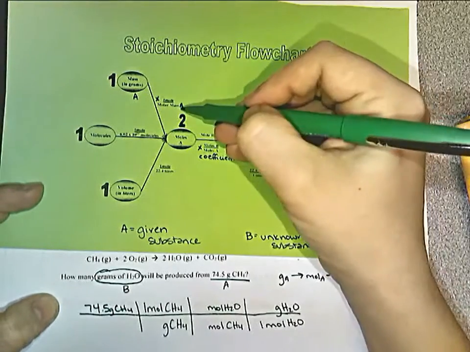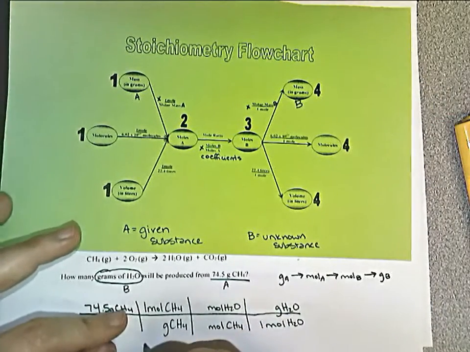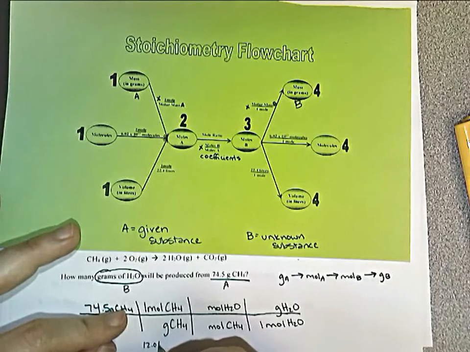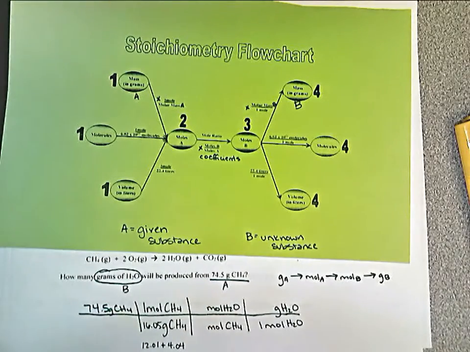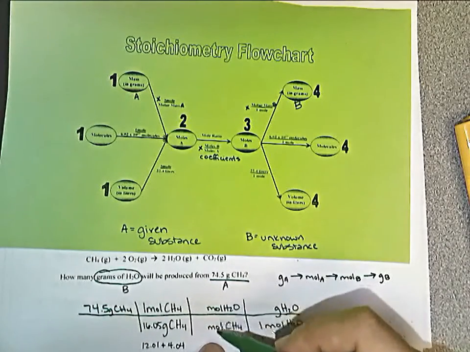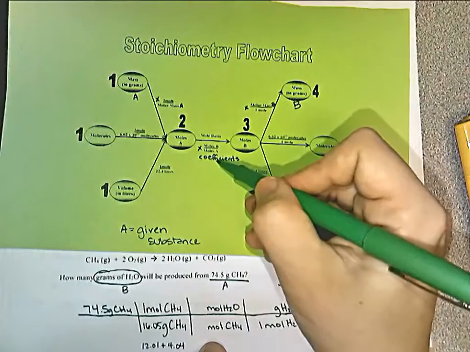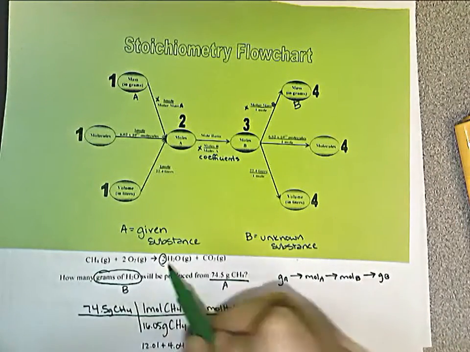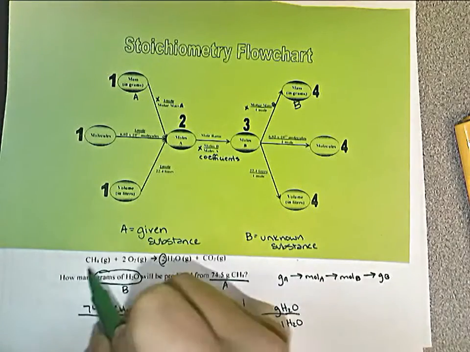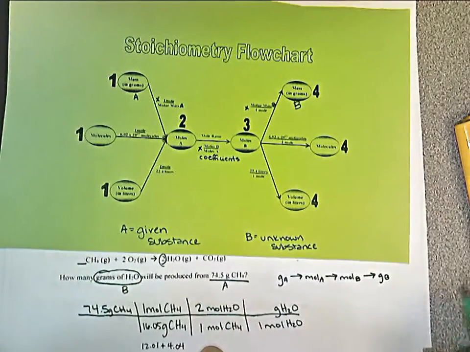Now, molar mass of A. Well, that's carbon, so that's 12.01 plus 4 hydrogens, so that's 16.05 there. And then my coefficients go here. Coefficients go here, so that's going to be 2 H2O. And CH4 is a 1.